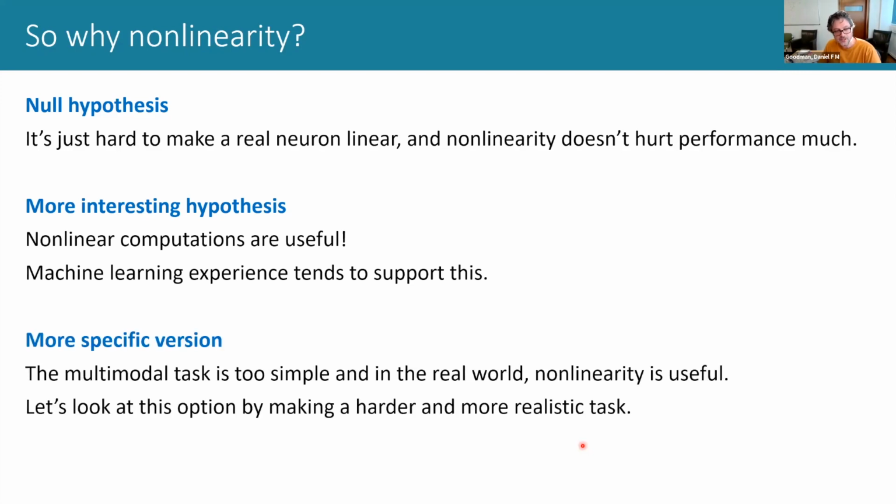A more specific version of that claim is that the task that we're using to probe multimodal processing is too simple. In the real world, you would actually need that nonlinearity. So that's what I'm going to talk about today. Basically, we looked at creating a harder and, hopefully, more realistic task.